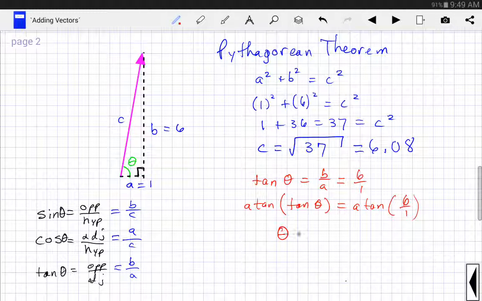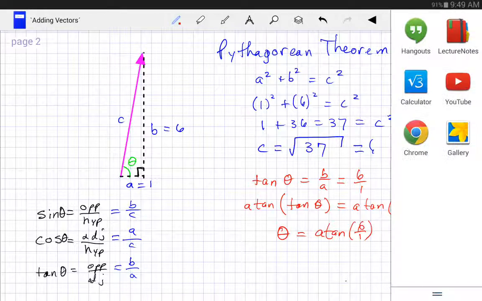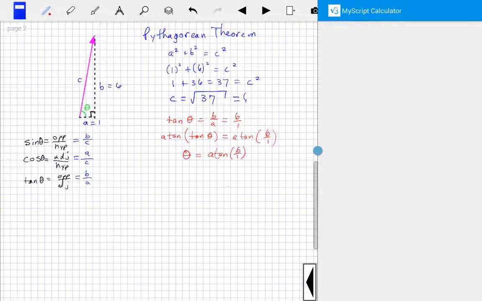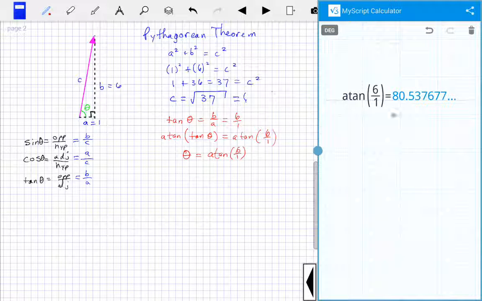So the left side now is theta equals, and the right side is arctangent of 6 over 1. So now I call up my calculator, which I hope does arctangent. And in degrees, that's 80.537. Okay, I'm just going to put 80.5. And so there I have my angle.